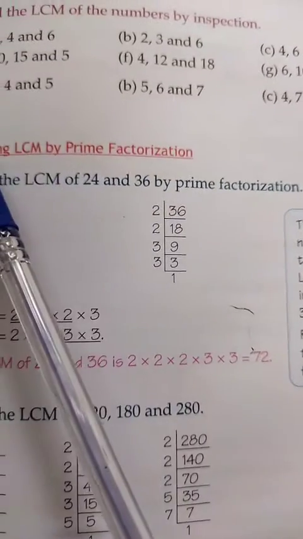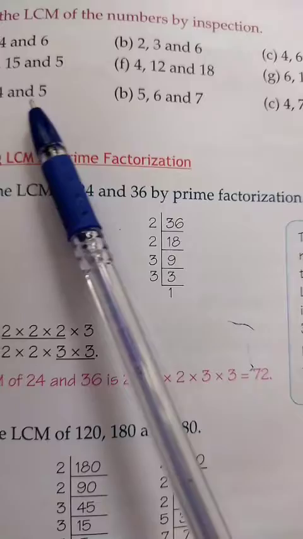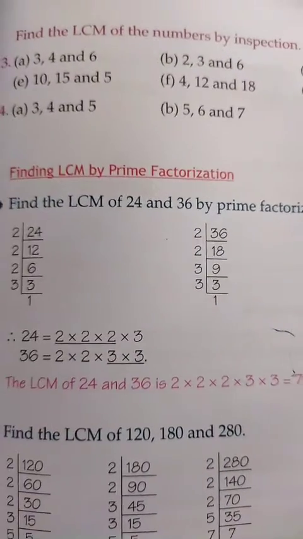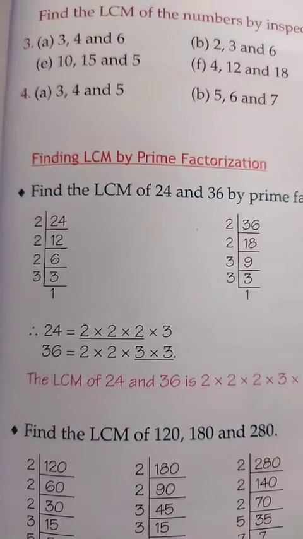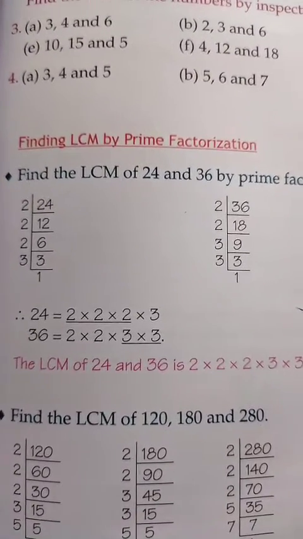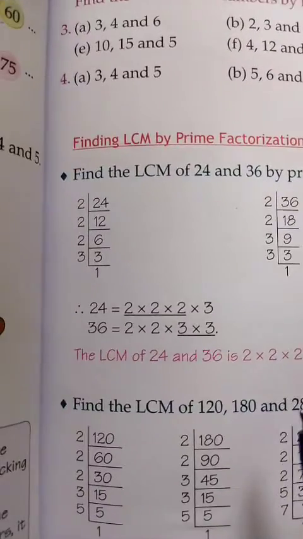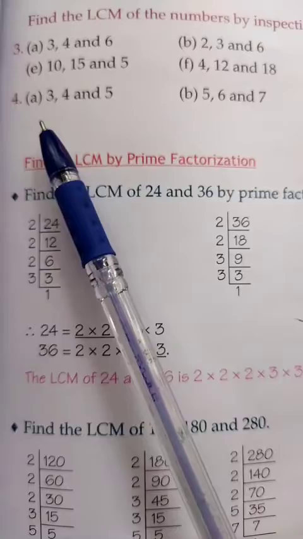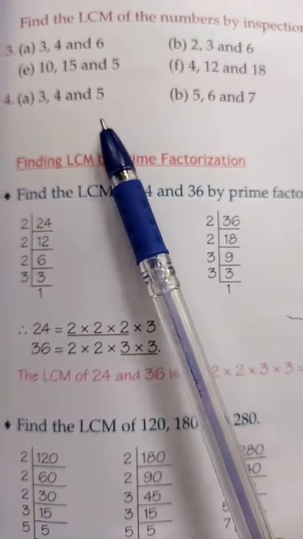See fourth A part, 3, 4 and 5. What is the least common number that comes in all three tables, in the table of 3, 4 as well as 5? It is 60. 60 comes in the tables of 3, 4 and 5 and it is the smallest number.